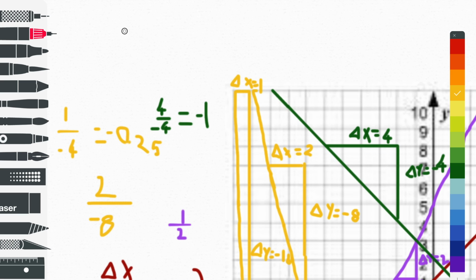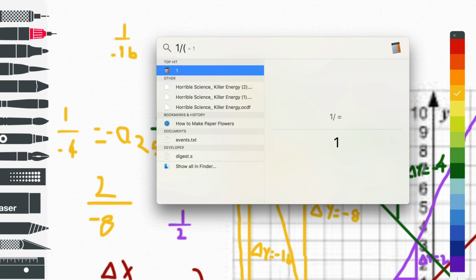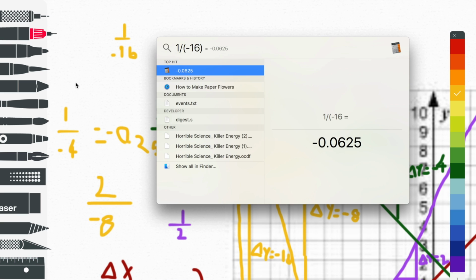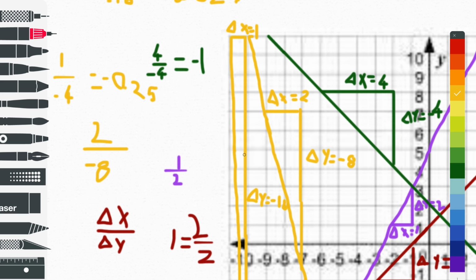So 1 over negative 16, which is 1 divided by negative 16, is equal to 0.0625. That's the slope of this line.